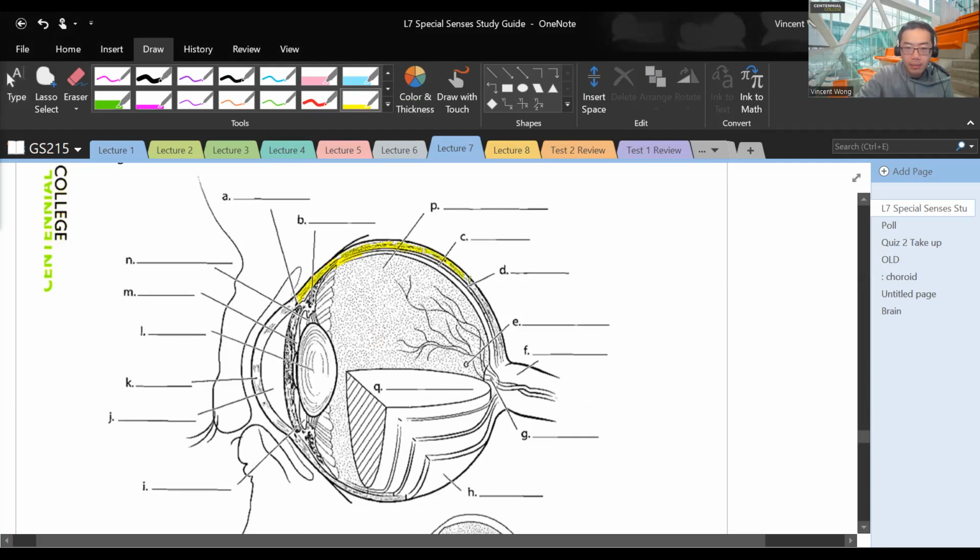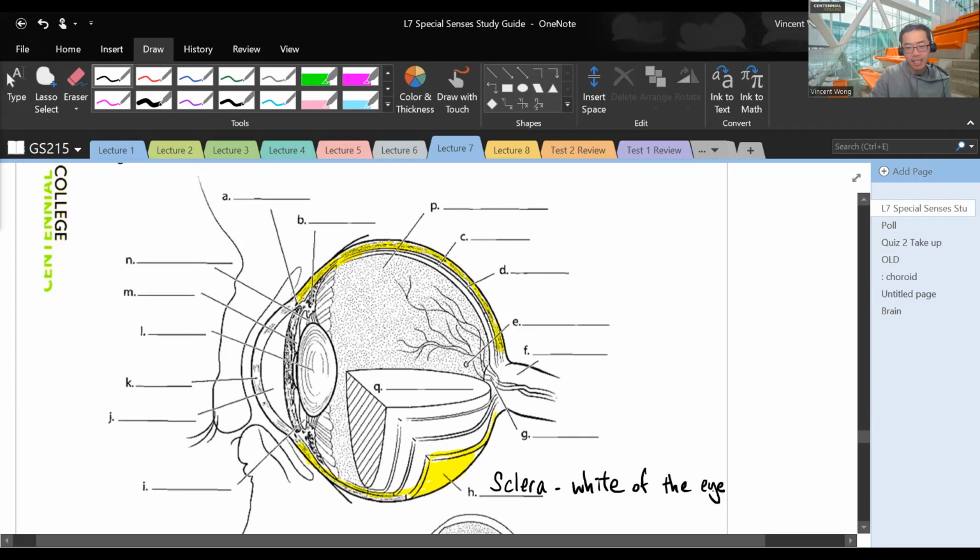And again, it's really hard for me to color on the computer, so hopefully you will be able to do a better job than me. That is the outermost layer. That is the white of the eye. We call that the sclera.